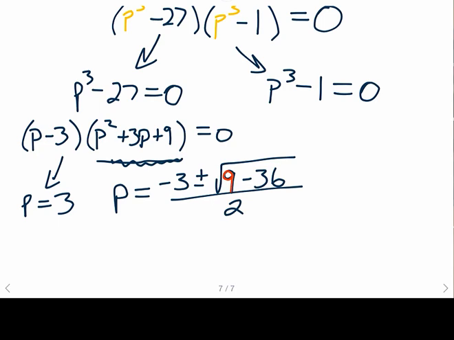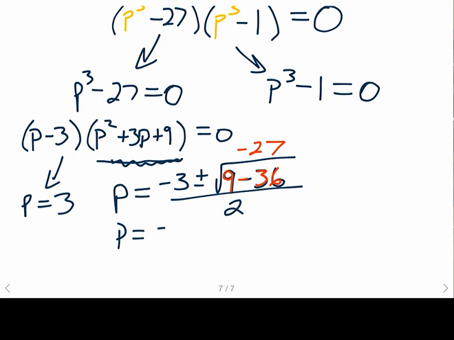In that discriminant, we've got 9 minus 36, which is going to simplify to negative 27, and so we're going to have imaginary solutions. That's typical when we have a difference of cubes. It would also be typical if we had a sum of cubes.